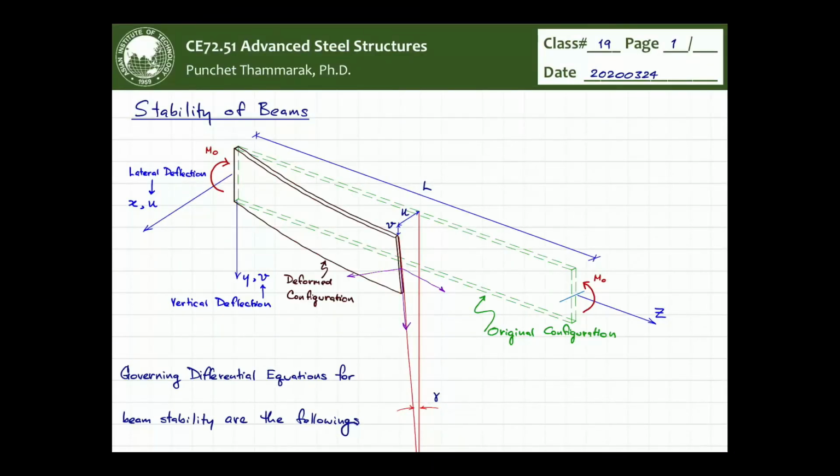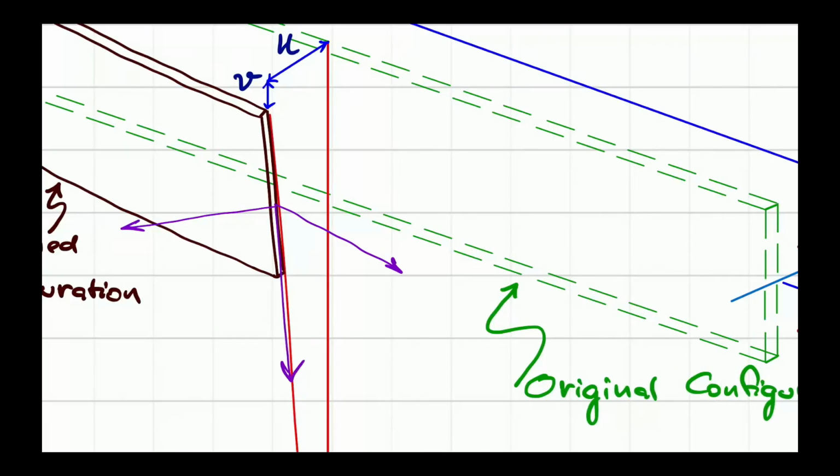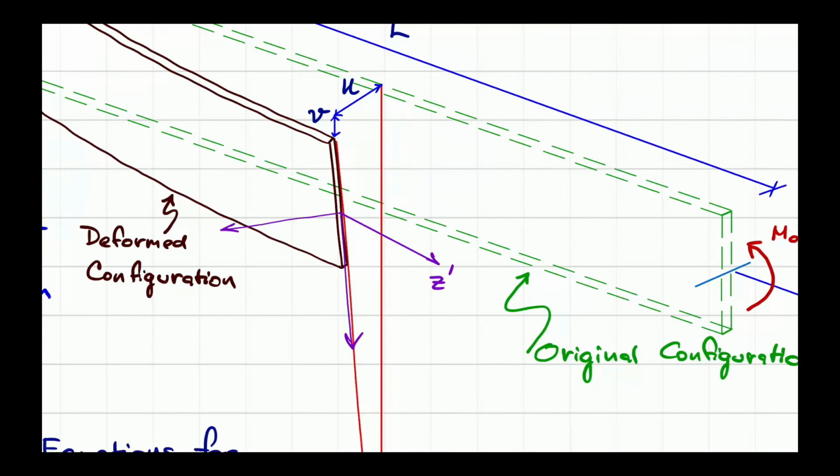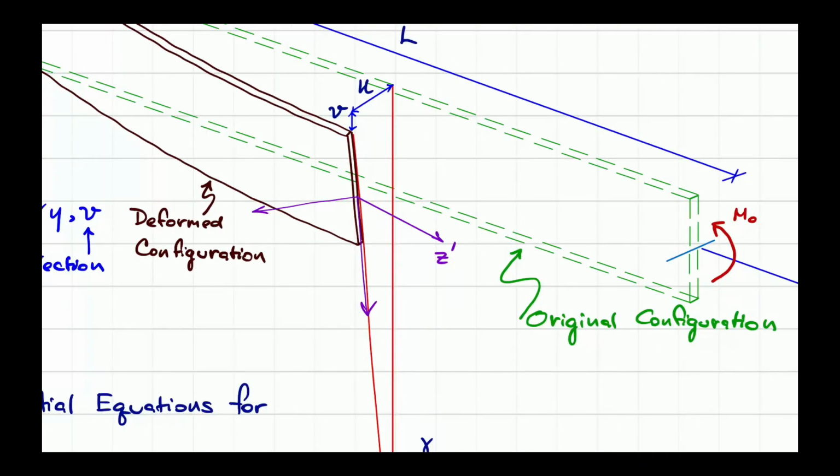Okay, so these axes are labeled Z. This one used to be along the Z direction. Now it is given by Z prime. And the Y turns out to be Y prime, and X prime.